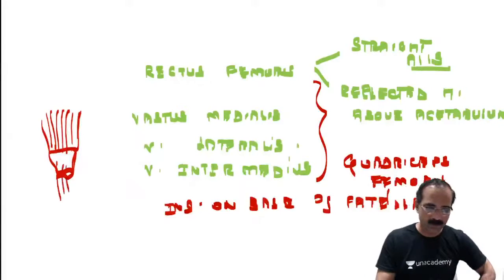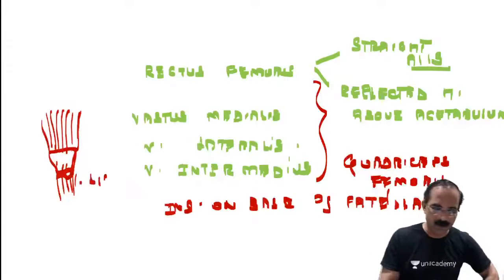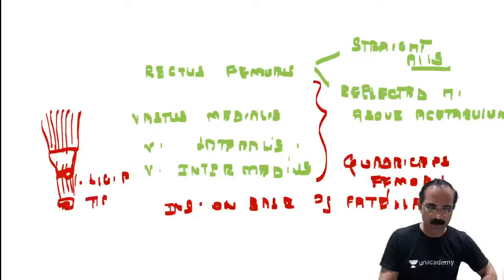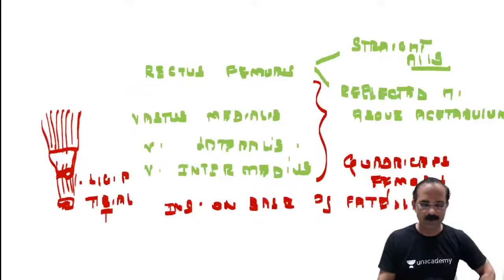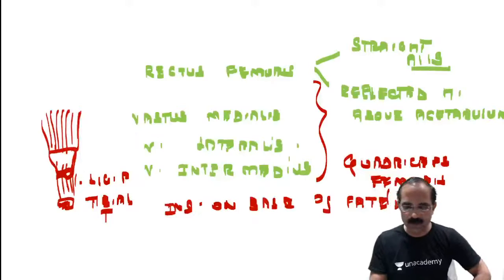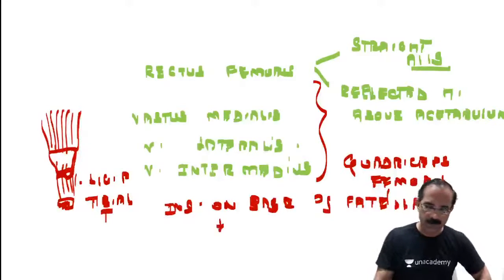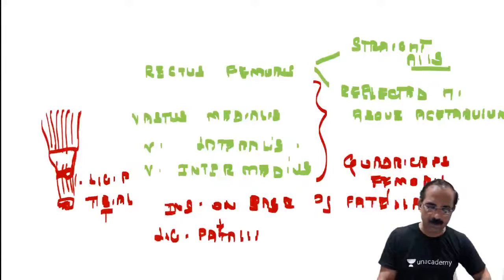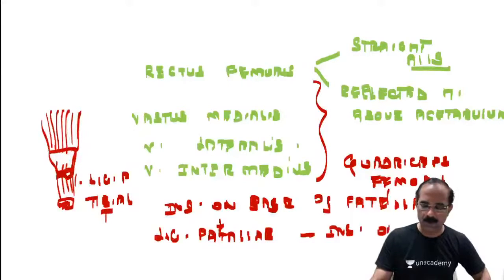And what begins from the patella is the ligamentum patellae, which is inserted on the tibial tuberosity.